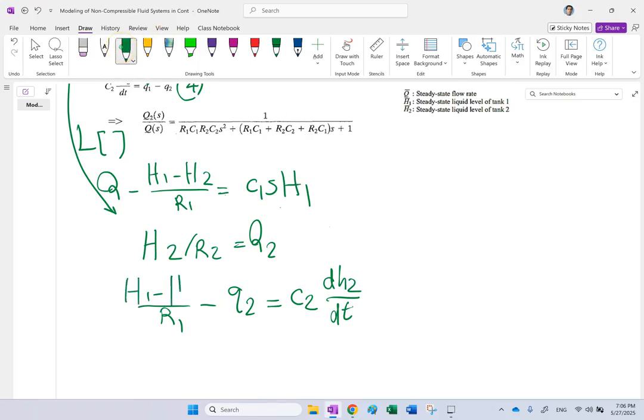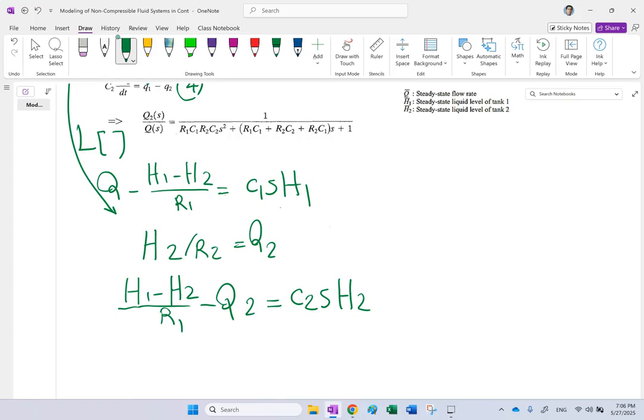And then we have these guys. So that's H1 and H2. This is going to be Q2. And this is going to be S times that. There we go. Okay, and now you need to get rid of H1 and H2. So there are lots of different ways to do it.